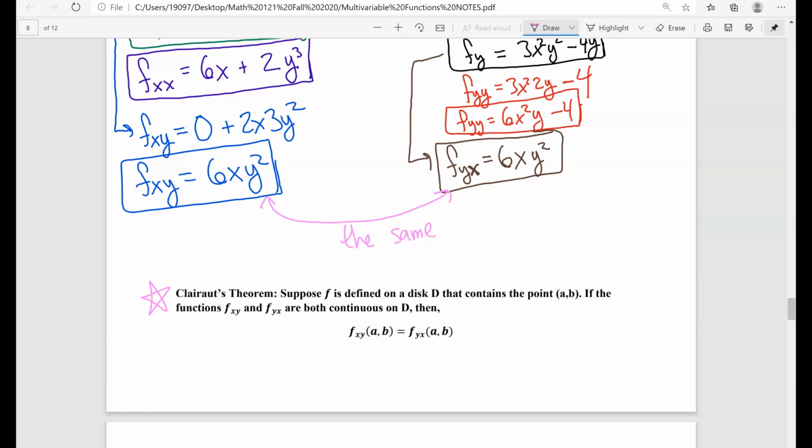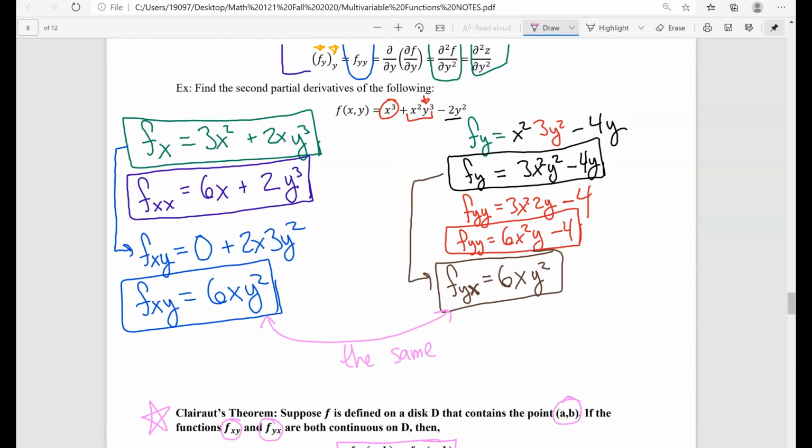As long as f is defined on a disk that contains this point, like when I plug in 1, 1 or whatever, and in this case it's continuous, so it should be fine, then these guys are always going to be the same. Okay, so that's really nice. So when we do these problems and I ask you for f sub xy and f sub yx, you don't need to do it because you know they're going to be exactly the same.